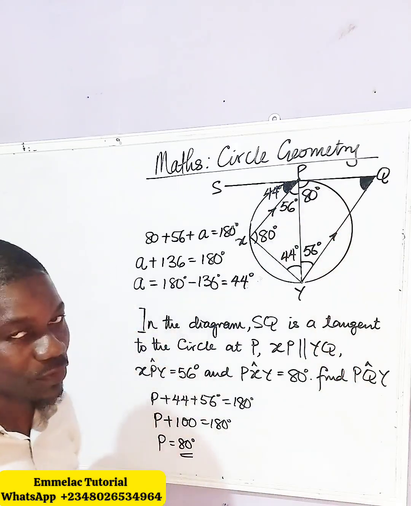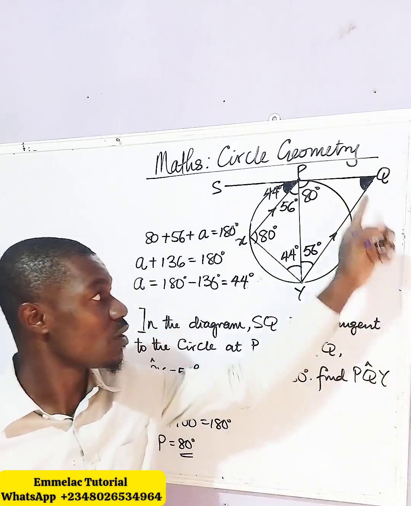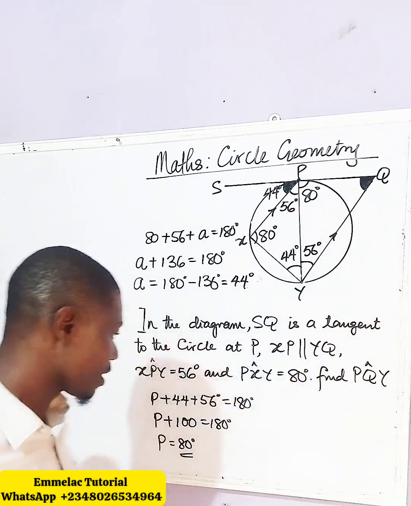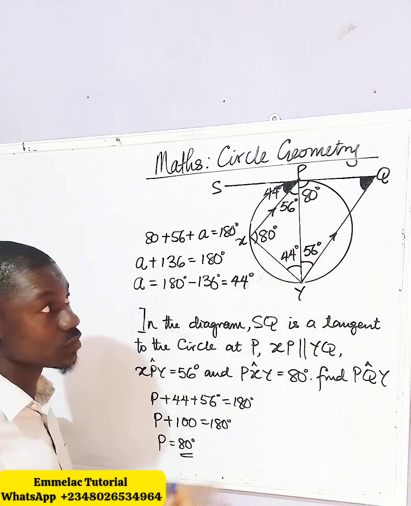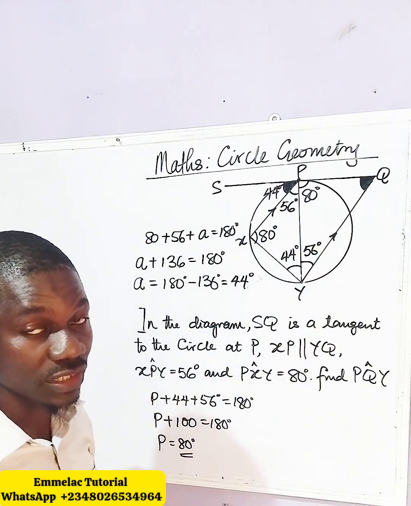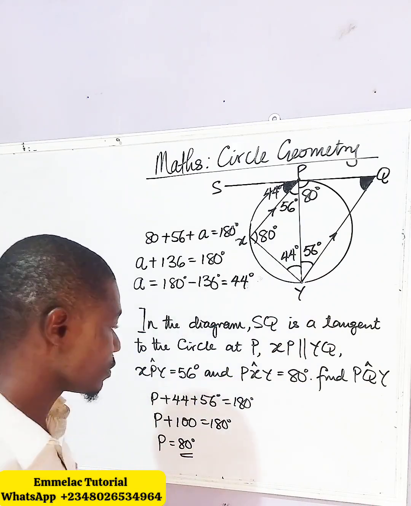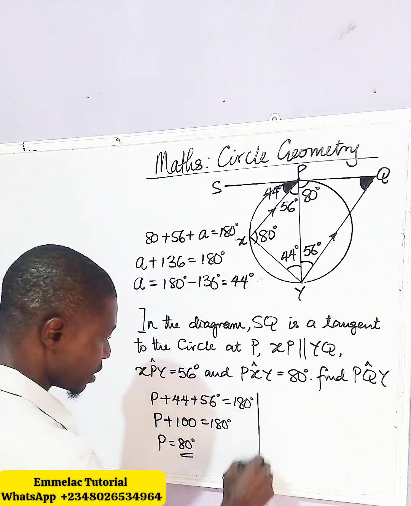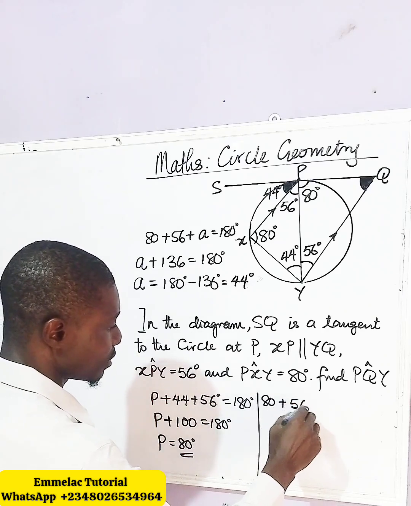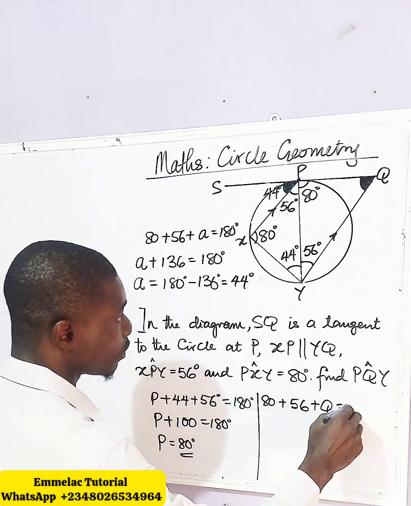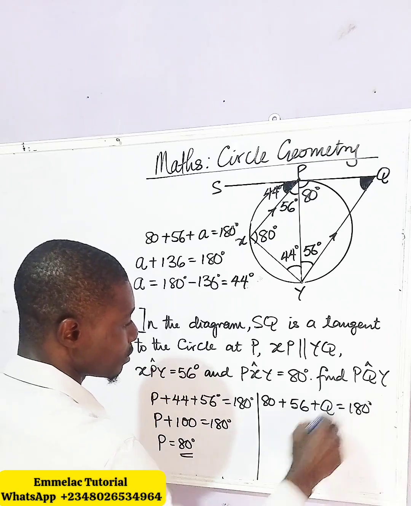So at this point we should be able to find the value of the angle Q here. We can add the two angles with the unknown to give us 180, because the sum of angles in a triangle is 180. So we can say 80 plus 56 plus Q equals 180.